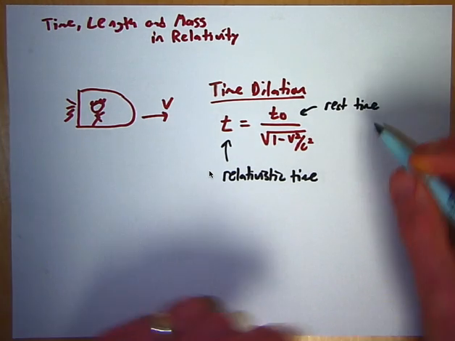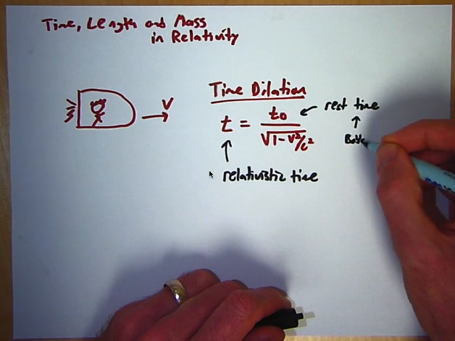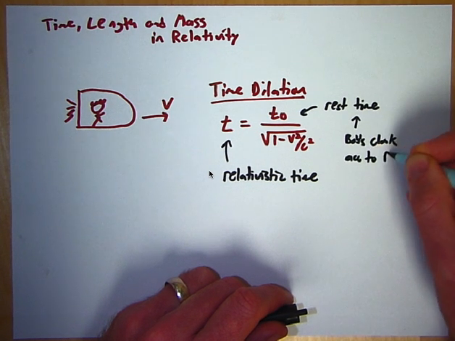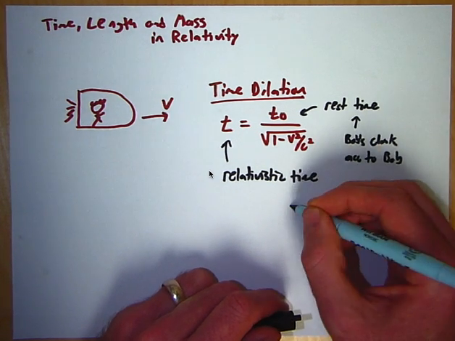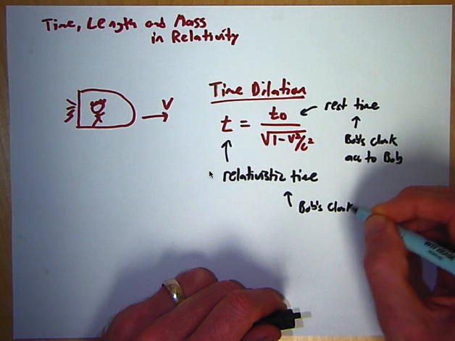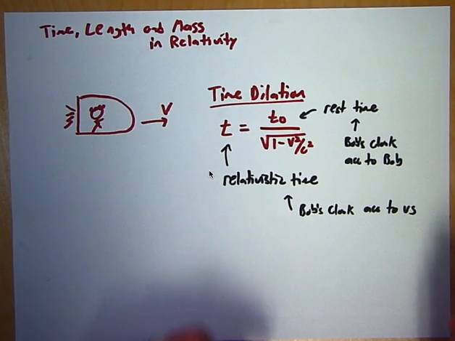So the rest time right here, this is Bob's clock according to Bob, and for relativistic time, this is Bob's clock according to us.